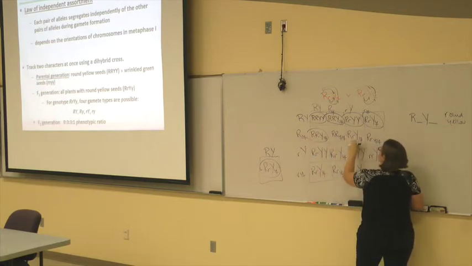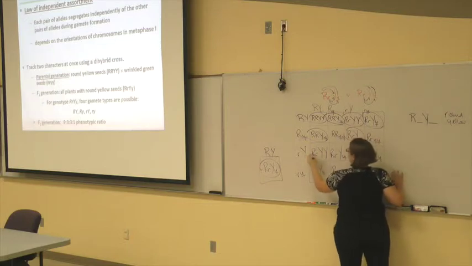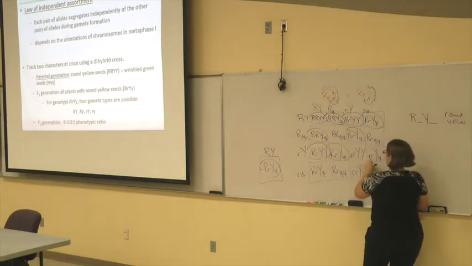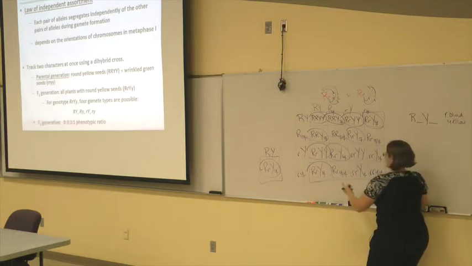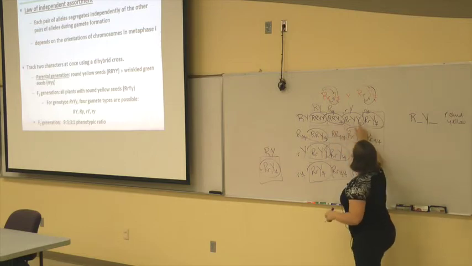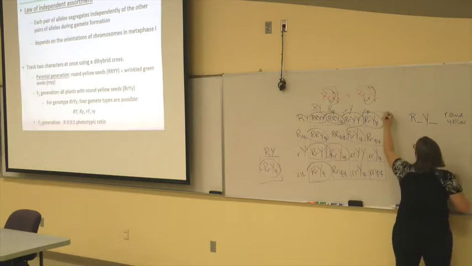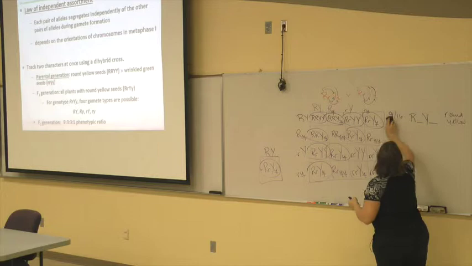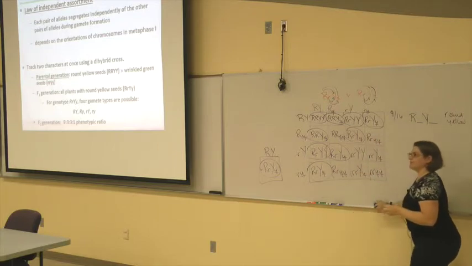No way, right? What about this one? No. Yes. Yes. Do we have 9? 1, 2, 3, 4, 5, 6, 7, 8, 9. 9 out of 16 are expected to have both dominant traits, round yellow seeds.